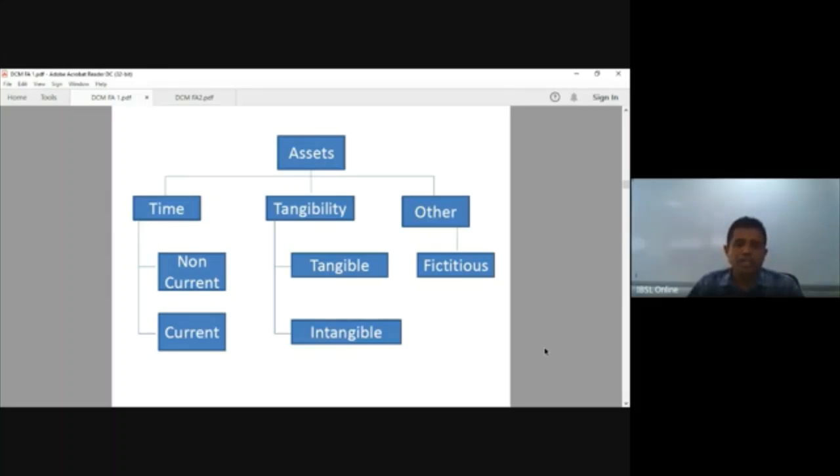Current assets normally last for very few months or few days, a very short period. They generate income, but normally those are working capital requirement assets. They will indirectly help the organization to generate income. Non-current asset examples: land, building, motor vehicle, machinery. Current assets: cash, inventories, debtors, short-term investments.